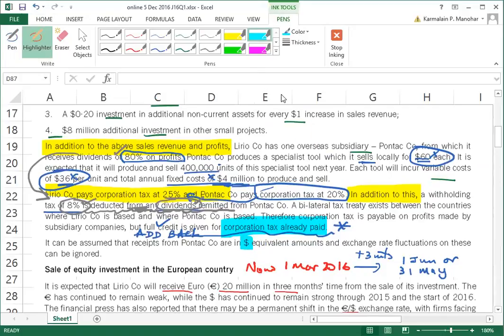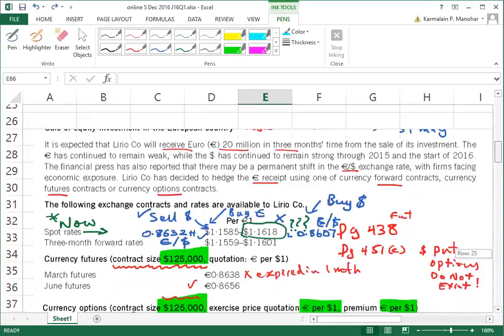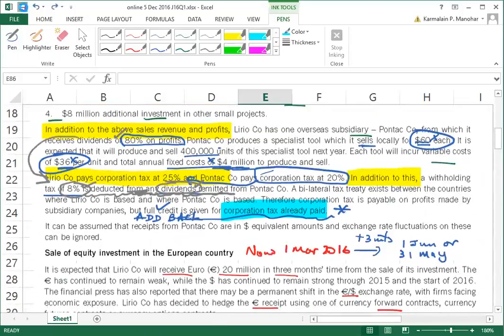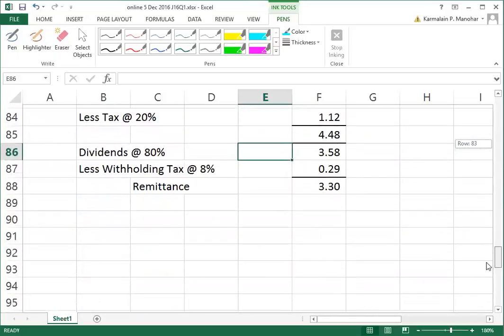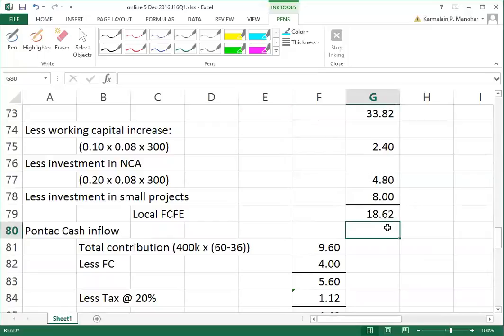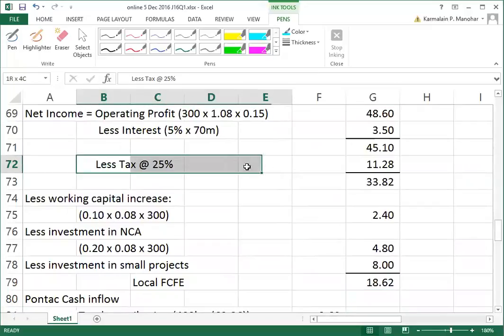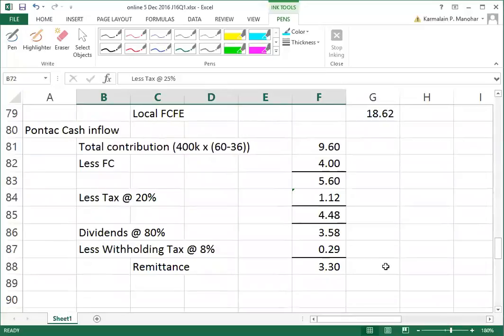Coming back to our situation, having done all of this up to here, or having already subtracted tax way up there, we're now adding in a new cash flow of 3.30.